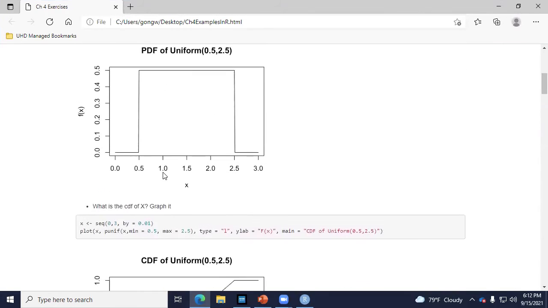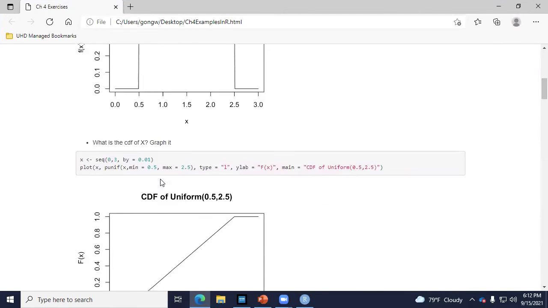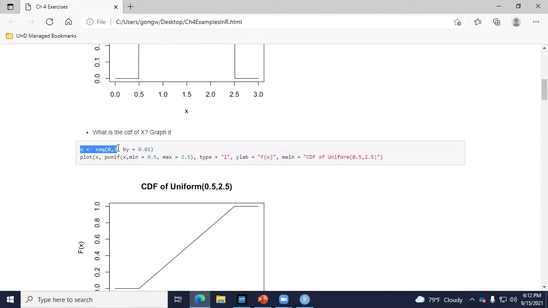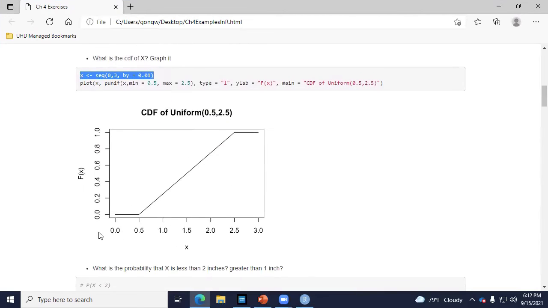Use R. And how do you do the CDF? Again, you need this X vector to put on your X axis, and you need the Y vector, which is your CDF. Well, the CDF you can get by this punif. So this punif gets you the CDF for this X vector.